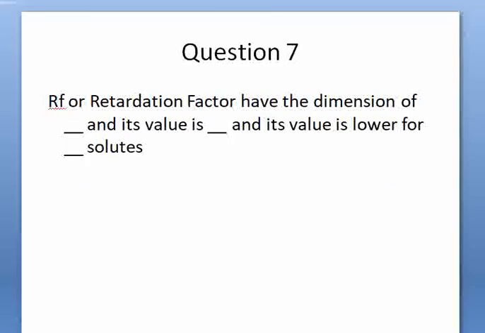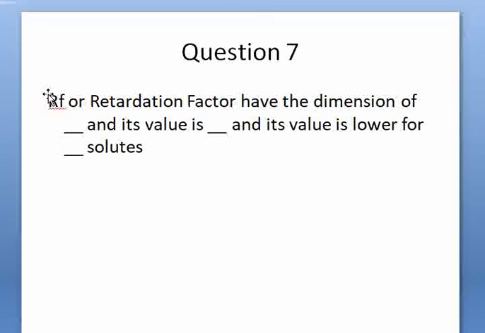This is the seventh one. RF factor, or retardation factor, has the dimension of dash and its value is lower for dash solutes. This is for paper chromatography and for thin layer chromatography, TLC.